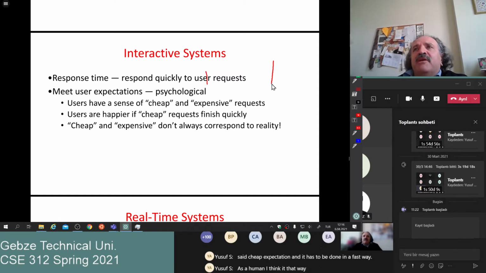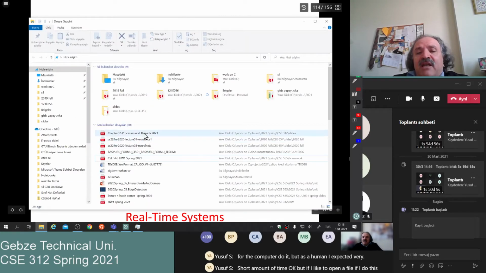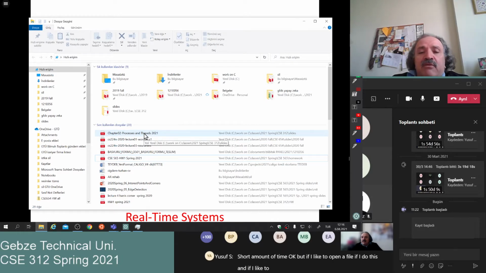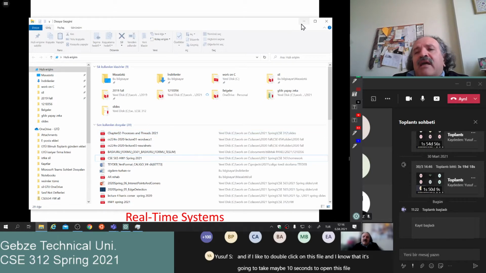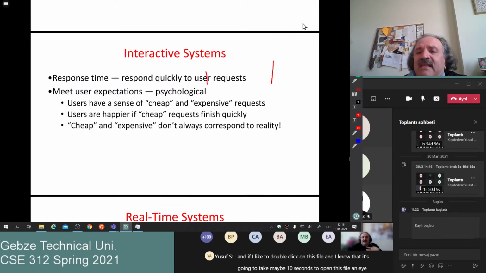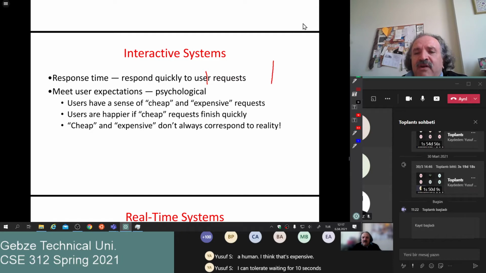It might be very complicated for the computer to do it, but as a human, I expect it in a very short amount of time. But if I like to open a file, if I double click on this file, and I know that it's going to take maybe 10 seconds to open, as a human, I think that's expensive. I can tolerate waiting for 10 seconds for that file to open.